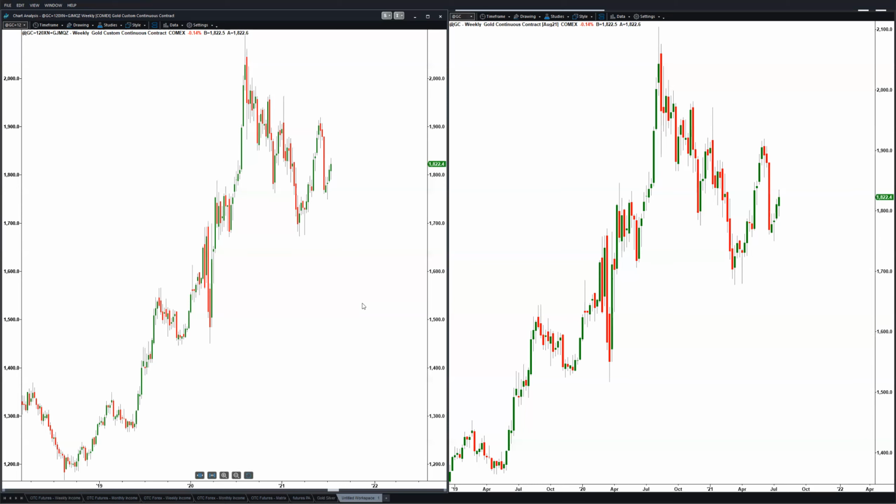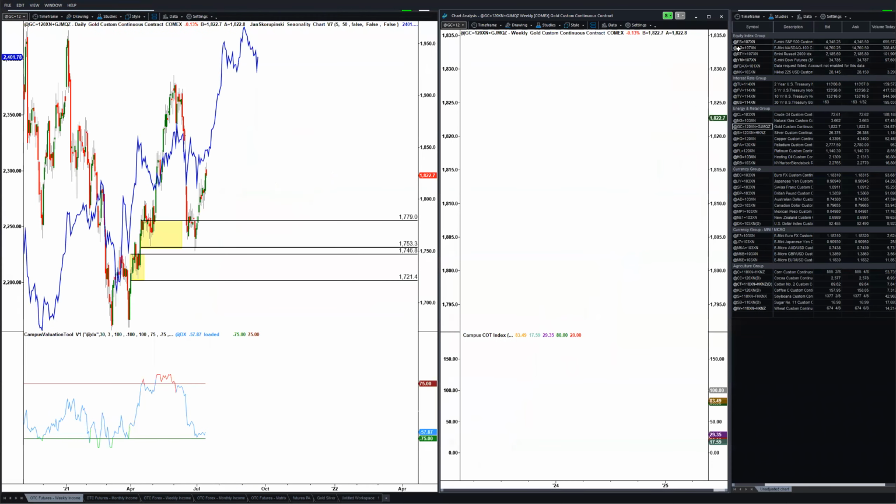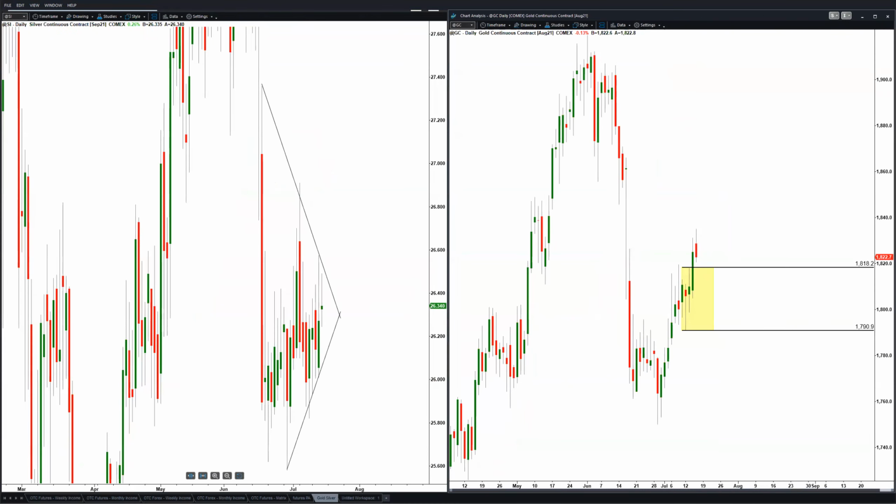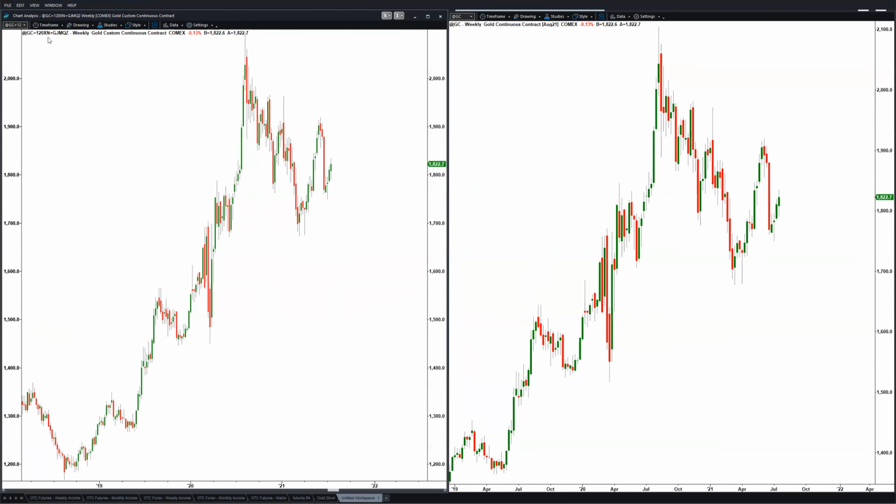Take gold, where we have a first notice day, and then after the first notice day we have a 20-day settlement period where there's no volume, where there's no trading happening. So why would we, right?